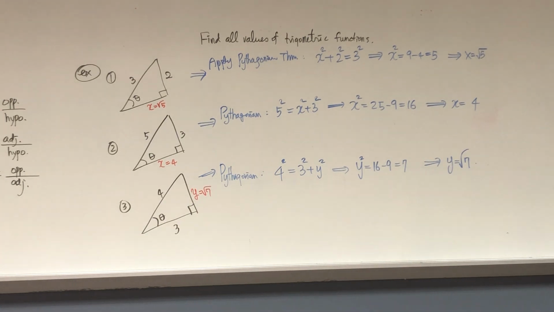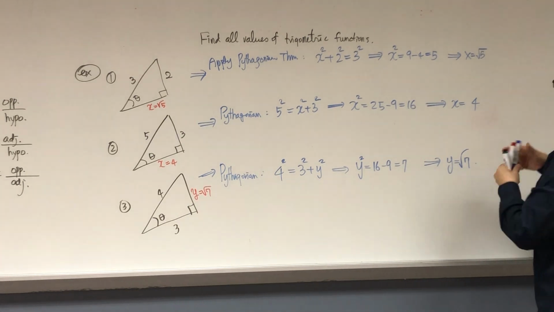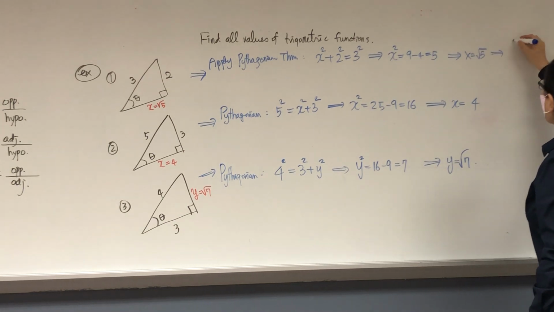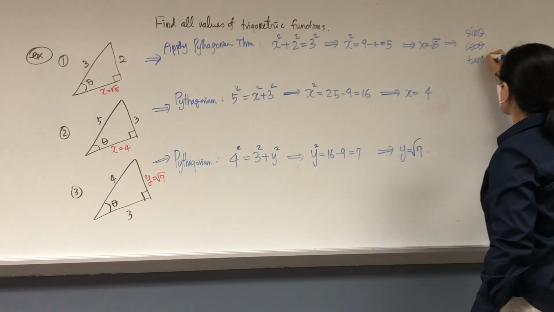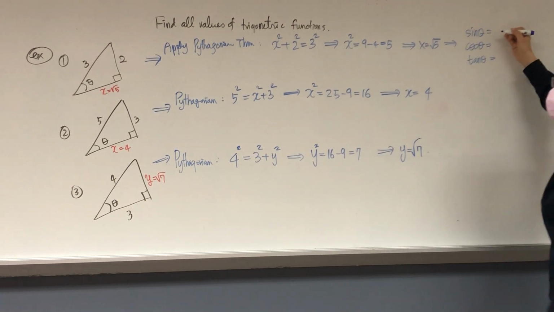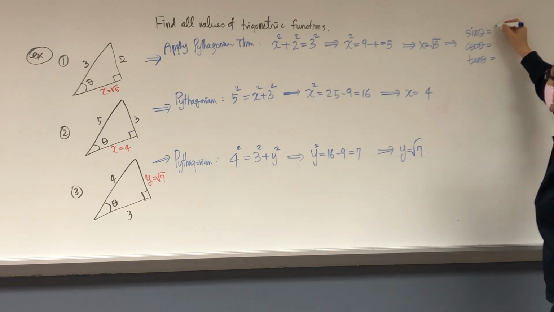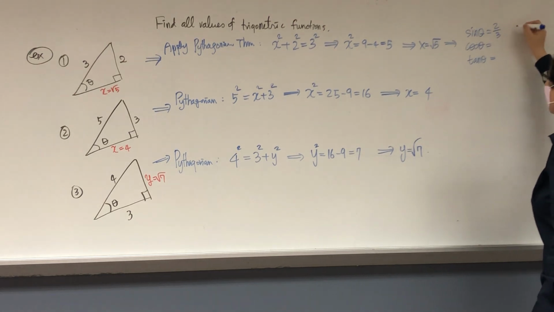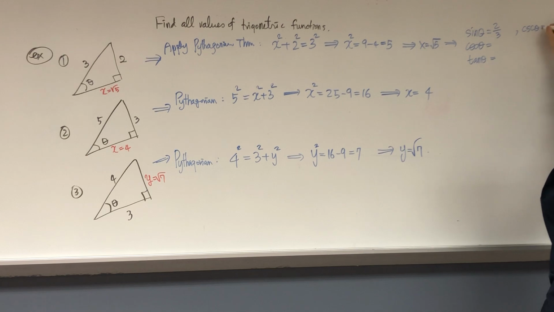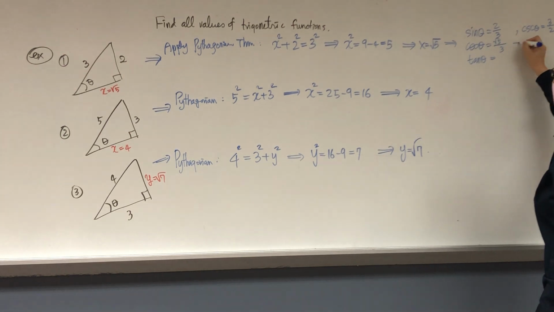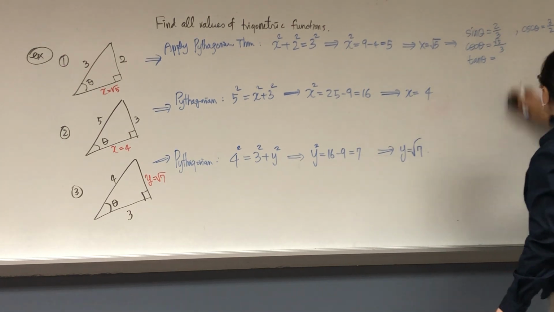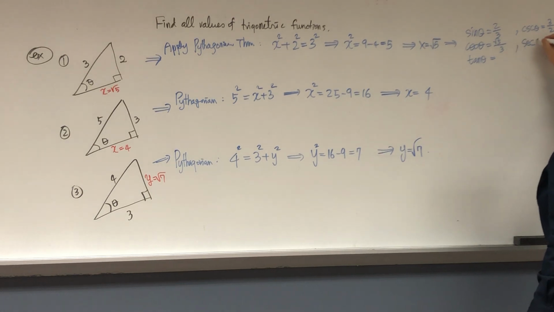Therefore, now sine theta, cosine theta, tangent theta, what is it? Sine theta is 2/3. And then what is cosecant theta? 3/2. Yeah. Cosine? So secant is 3/5.